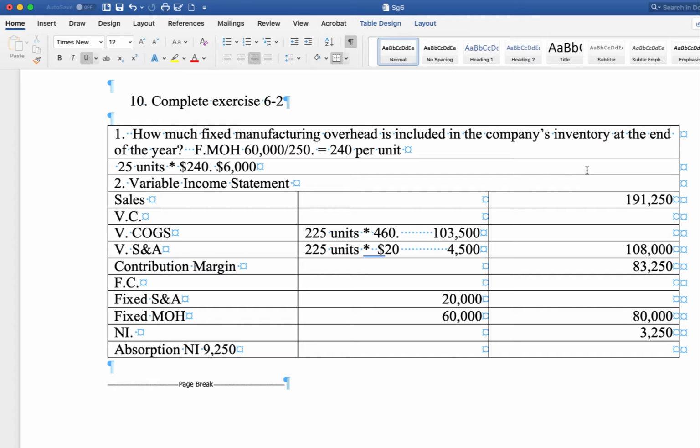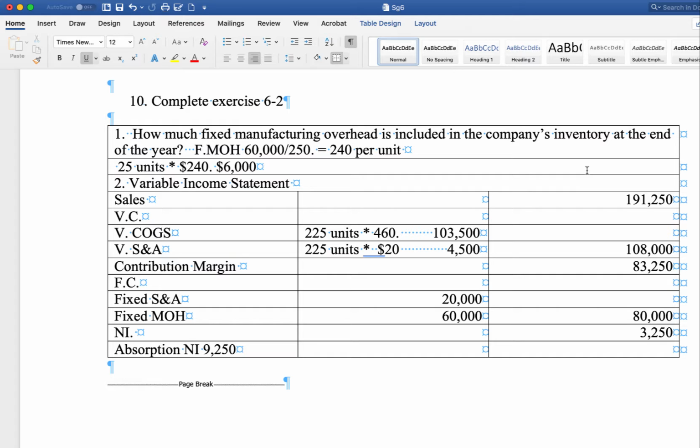Okay? We already know that we're going to take our variable cost of goods sold. In order to figure that out, we need to take the number of units we sold, 225, and multiply it by the variable unit product cost of $460. Okay?